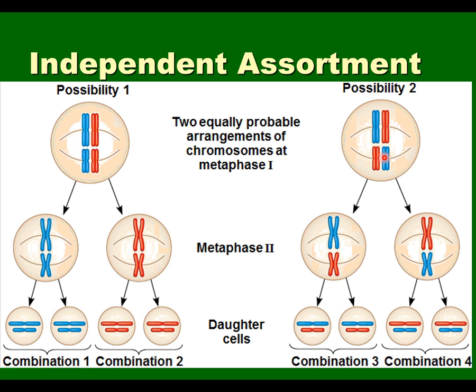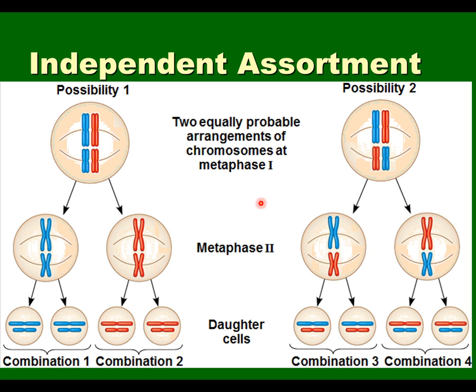This is just another variation of what is possible for this particular cell. As they split, you can see this cell ends up with 2 blue chromosomes, and this one ends up with 2 red chromosomes, which eventually get down into the 4 haploid cells that we describe at the end of meiosis 2.